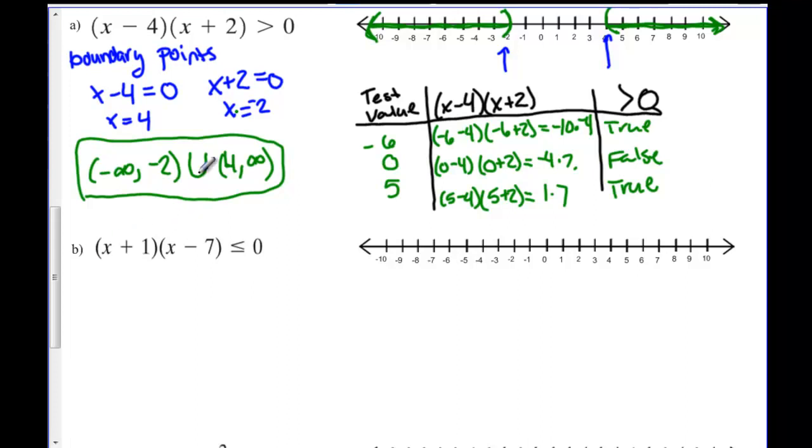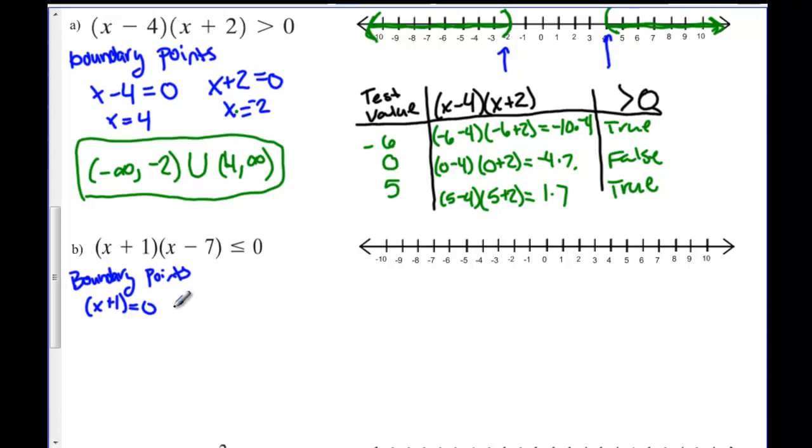So again, the first thing we need to do is find our boundary points. We're going to do that by taking the left side, the polynomial, setting it equal to 0, and finding what values of x make it 0. Because they were nice, they already have it factored for us. It's a quick process. So we know x plus 1, and we're going to set that equal to 0.